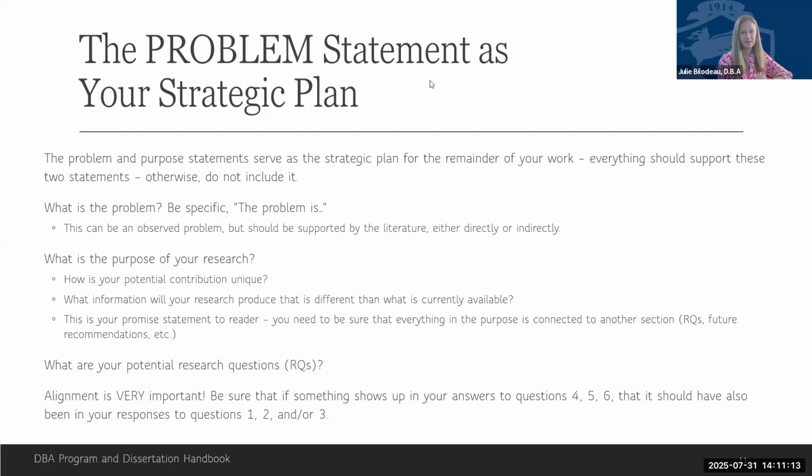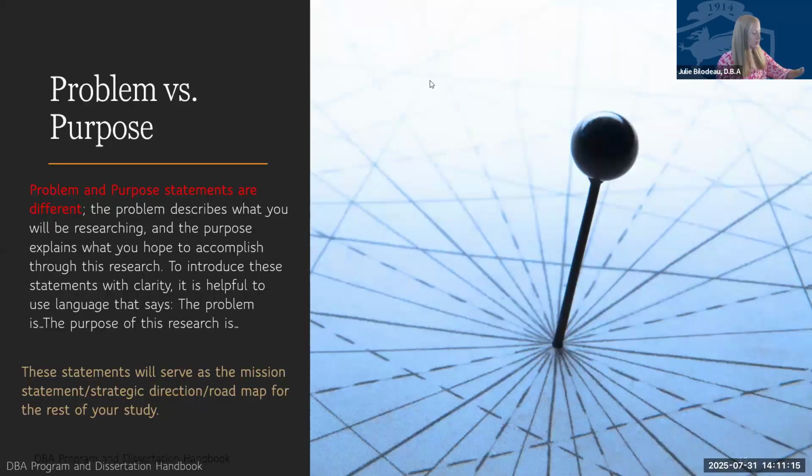All right. So specifically, problem versus purpose. What are we looking at here? The problem describes very clearly what you will be researching or what you are researching. The purpose explains what you hope to accomplish through this research. So by doing this research, by the end, the intent is to what?